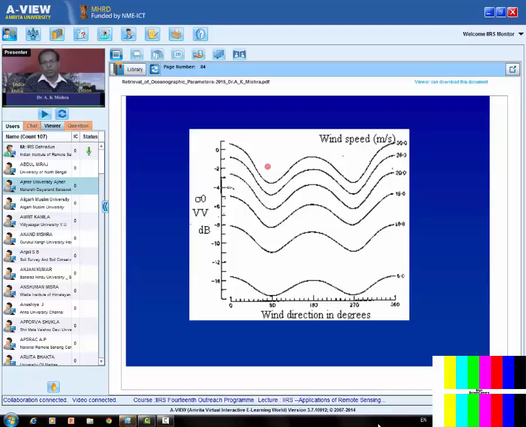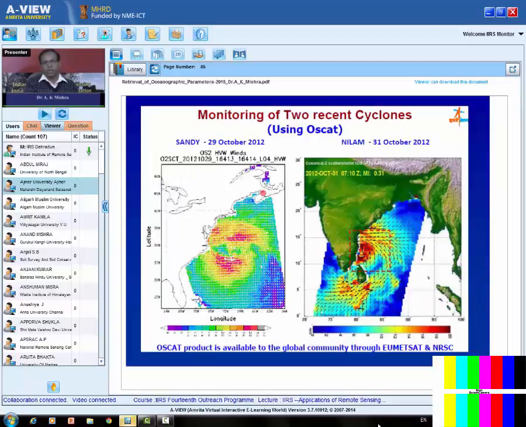The retrieval procedure utilizes a geophysical algorithm taking the backscattered energy, and there is a process to find out the wind vectors.